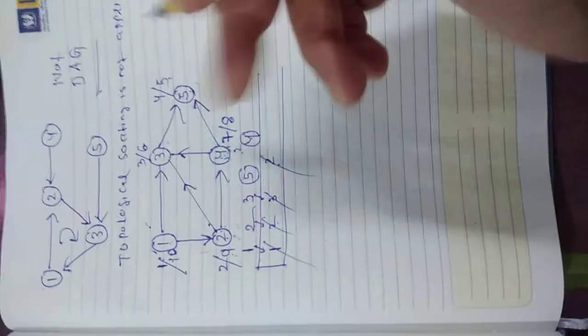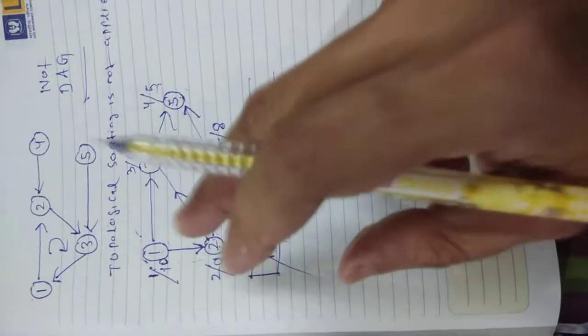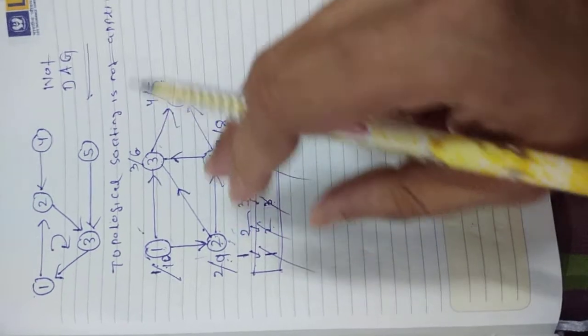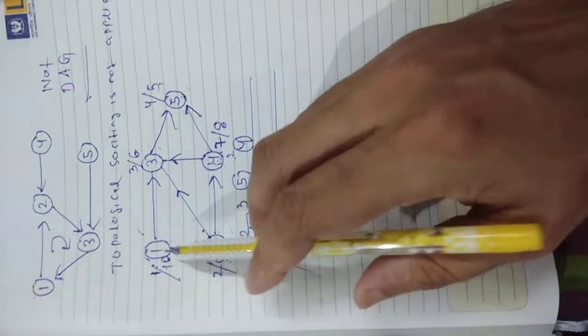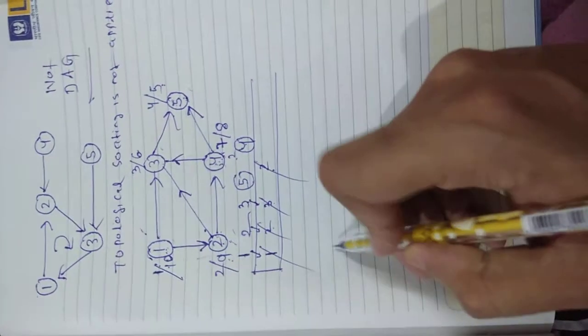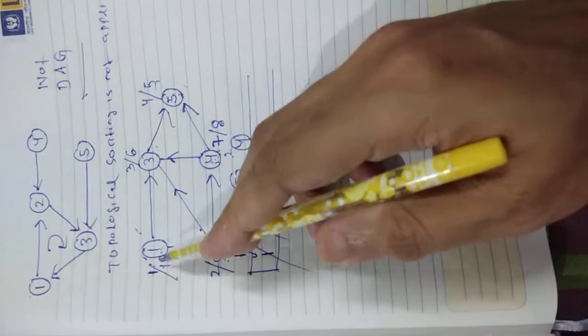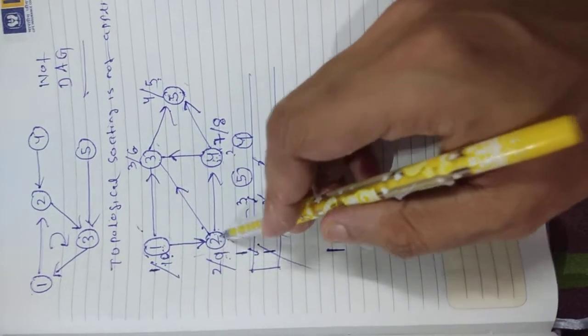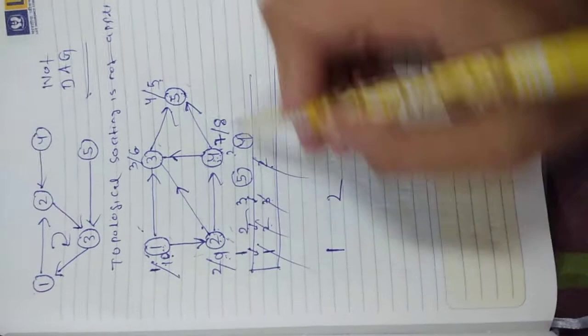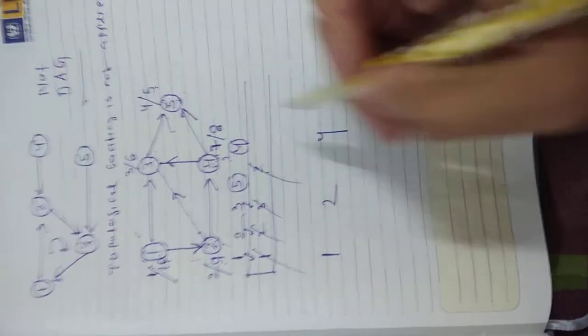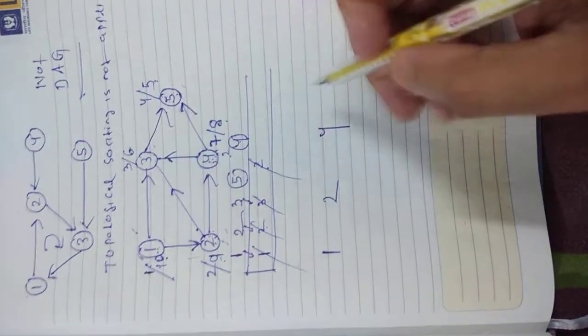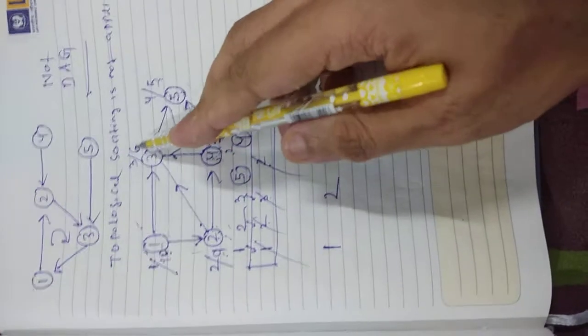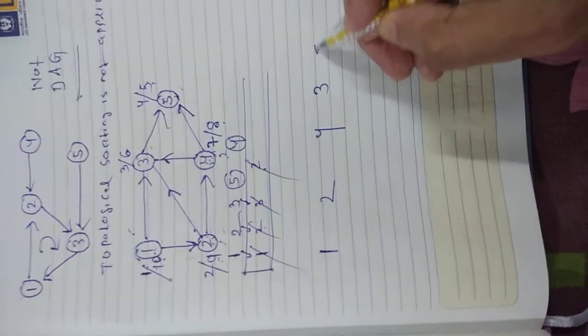Next step is to arrange the vertices in decreasing order of their finishing times. First we write 1, which has 10, next 9 is 2, next 8 is 4, next 6 is 3, and next 5 is 5.